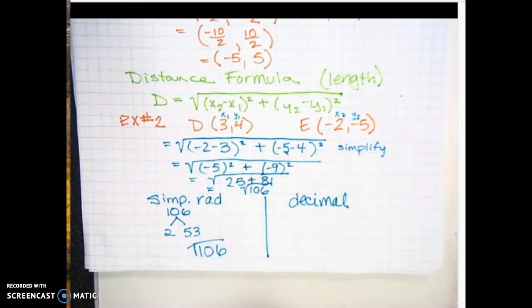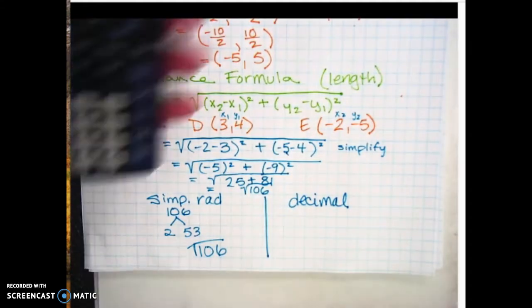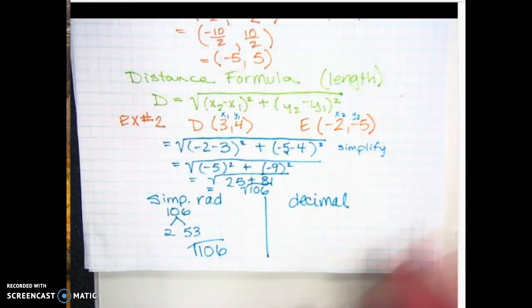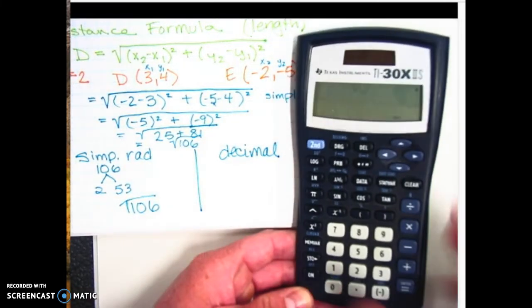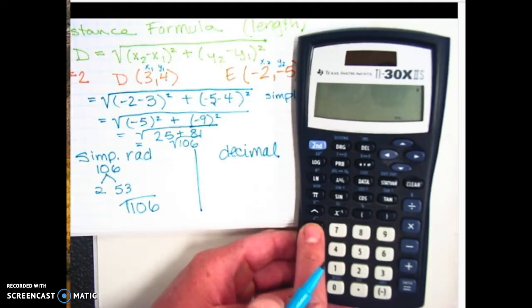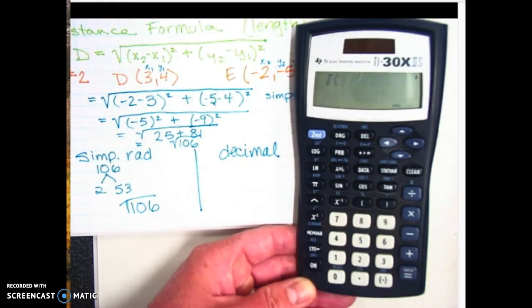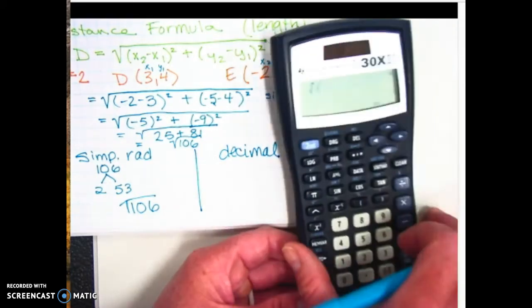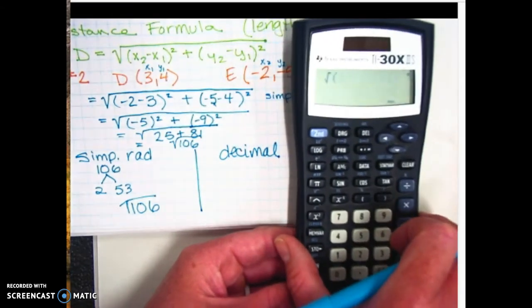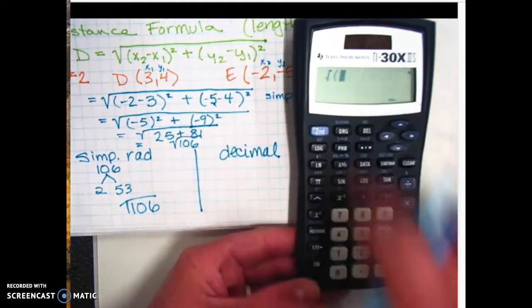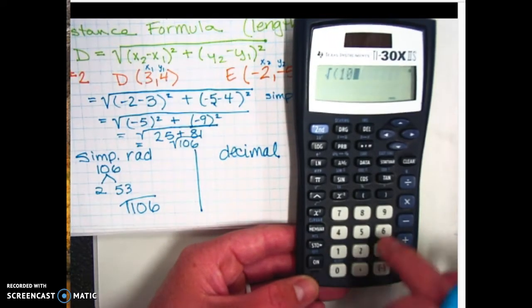So if you have a calculator, you can, let me move it over just a tad for a second so I can show you on the calculator. On the calculator, you're going to use that little blue square root button, so you have to hit the second button first, but make sure it displays. Can we see it? There it is. Make sure it displays the square root on there. Type 106.